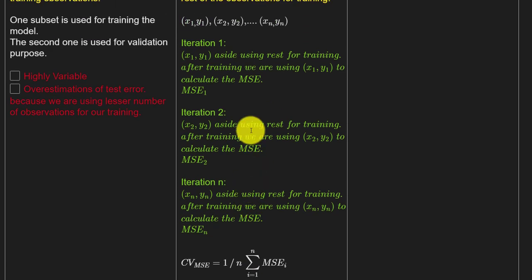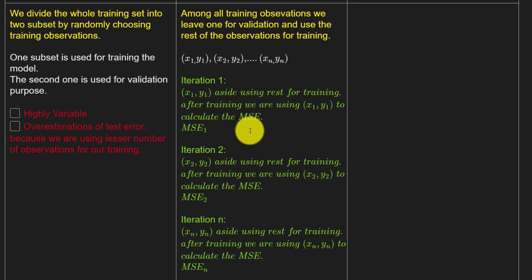Now think about it, this particular approach is solving the second problem. Over there we were reducing the number of observations, but here, as we are only leaving out a single observation, in each and every iteration we are almost using the whole training set for training purpose.